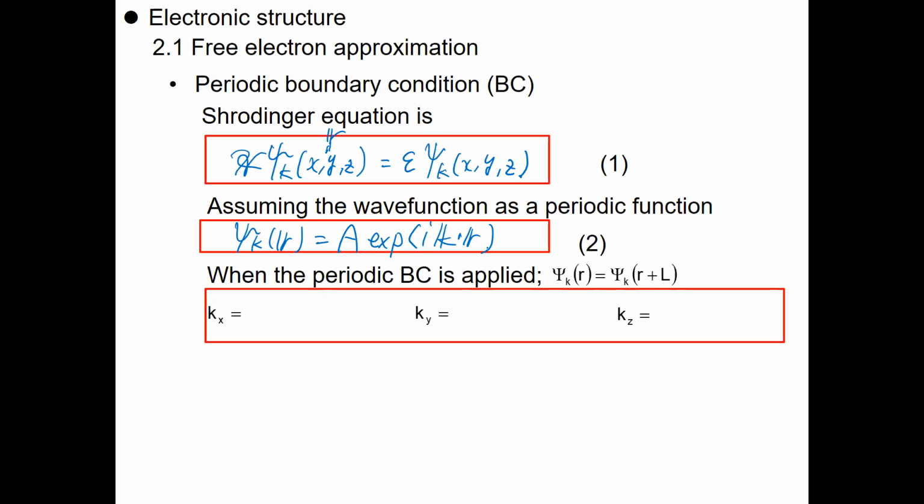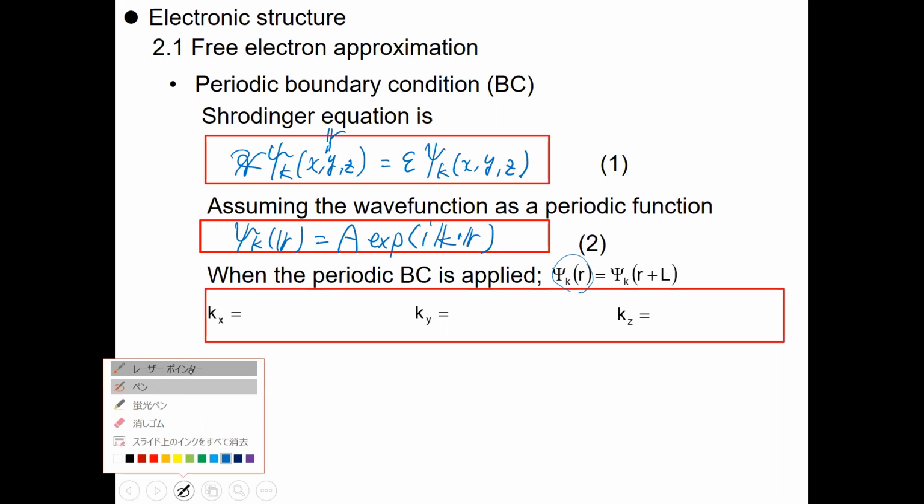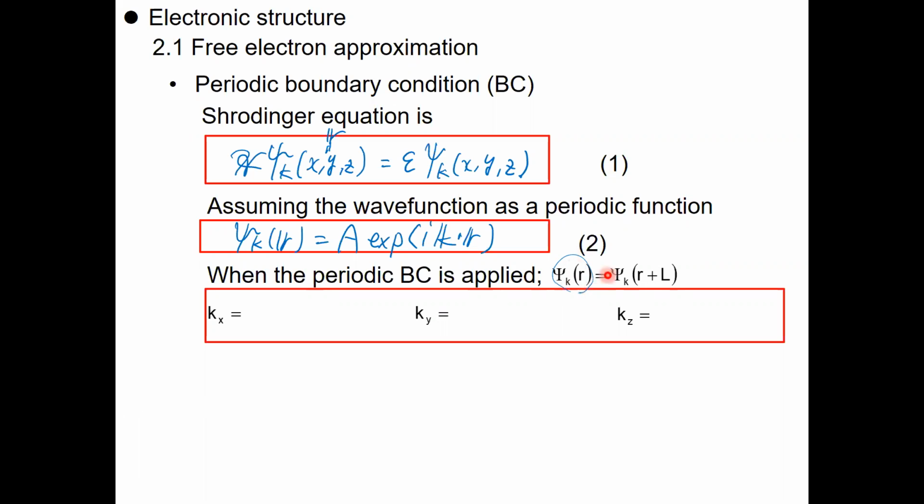If you apply the boundary condition to this wave function, meaning that this wave function is a periodic function, by adding L, meaning the lattice interval, every lattice interval this psi_k must be equal.